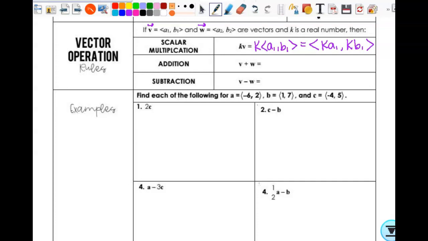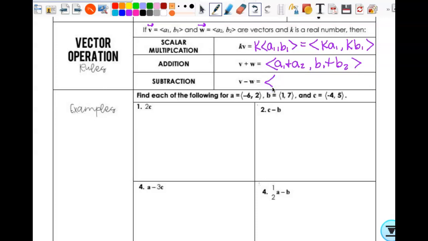When you add them, it's like adding ordered pairs. You add the two x values, so we've got a1 plus a2, comma, b1 plus b2. And you can add in any order, so if you mess that up, it's not the end of the world. Just don't mix your x and y's. But when you subtract, you have to make sure that you are going in the correct order.